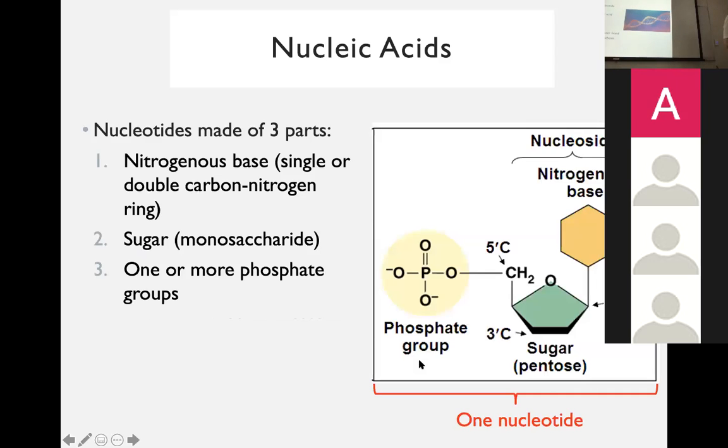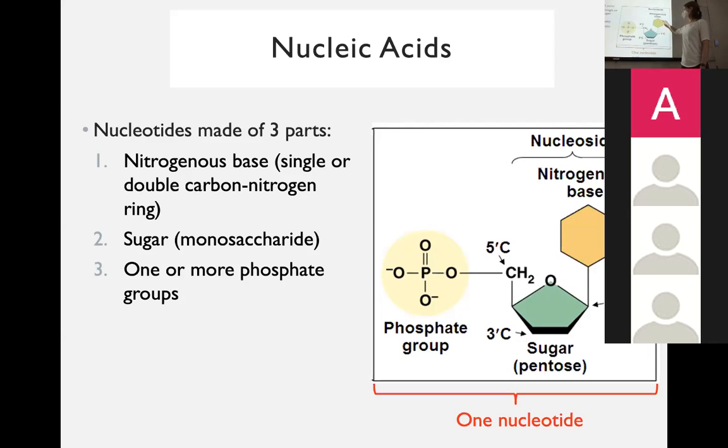Okay, so let's look at this monomer, the nucleotide, in a little more detail. This is probably, I would say, maybe the most complicated of the monomers for all these different macromolecule categories, because there's 3 distinct parts to it. So we'll start with the nitrogenous base, which we haven't seen anything like this yet. It's basically just a carbon ring.